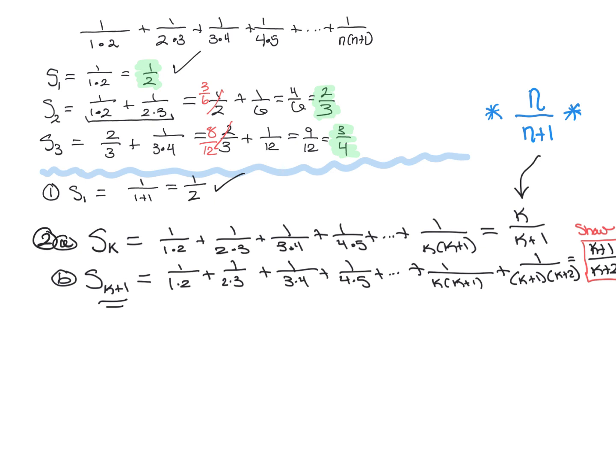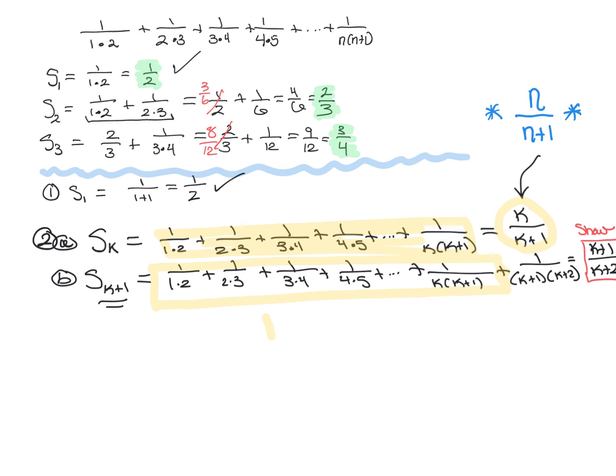So here we go. Remember, go back and use your assumption step. So this whole thing right here, by assumption, equals this. And this piece right here, up until that last term, is the same.